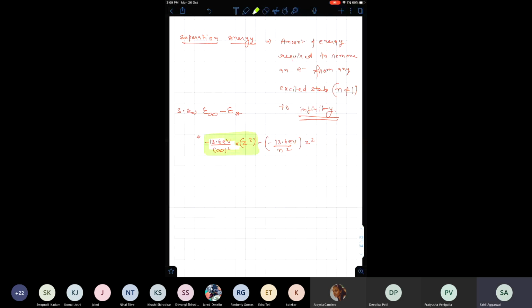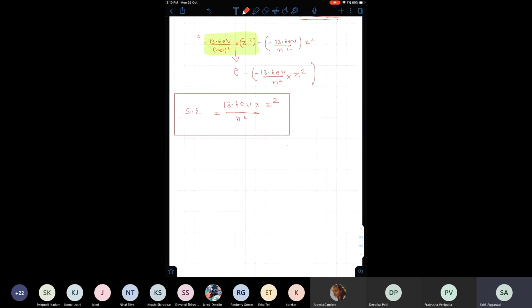So this will become 13.6 electron volt into z square upon n square, for the excited state we are talking about. Understood? This is separation energy. If you are not removing the electron from the ground state, but you are removing the electron from any excited state, then that energy will be called separation energy.